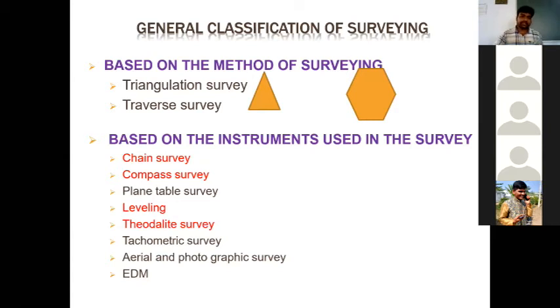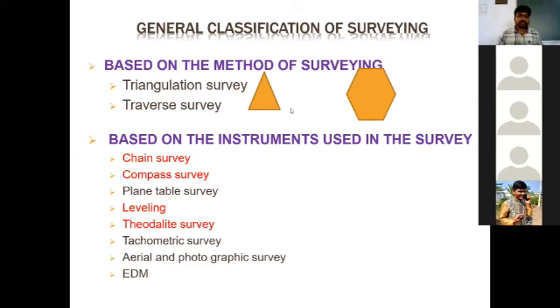In the triangulation survey, you can have the triangle here. Whenever you have an irregular shape of field where you have to measure the area, we're going to make use of this triangulation survey. To get an area, you require only 3 points, is it or not?